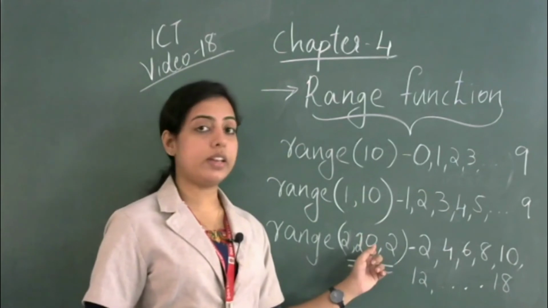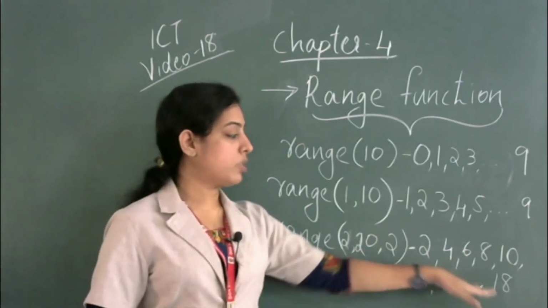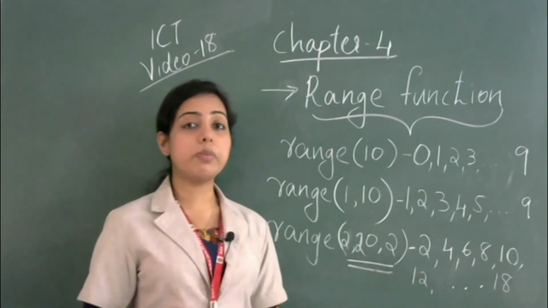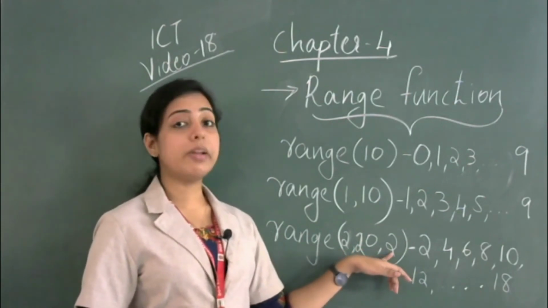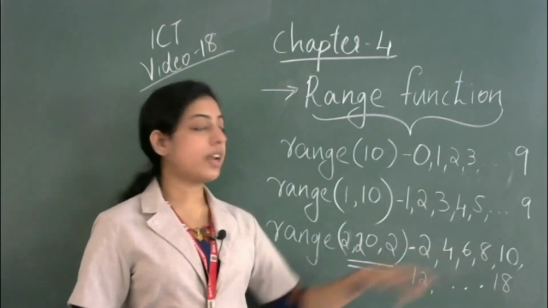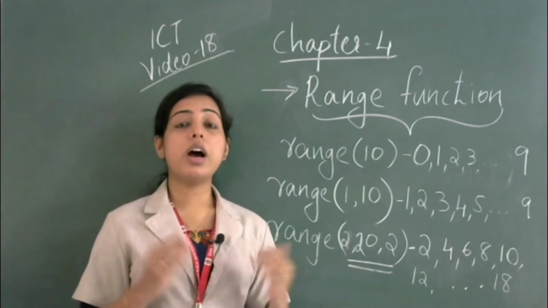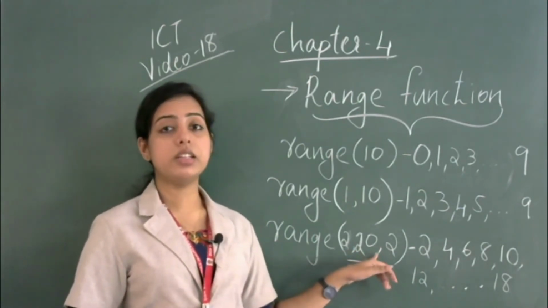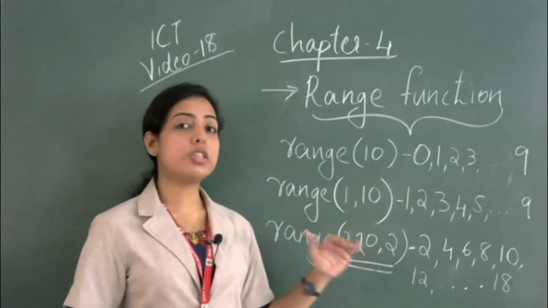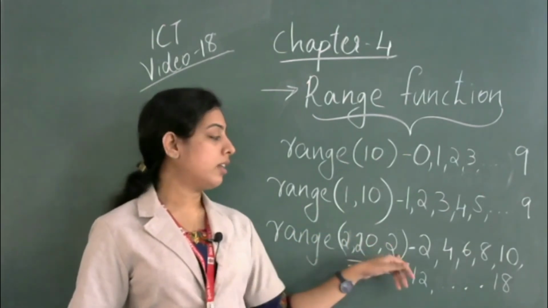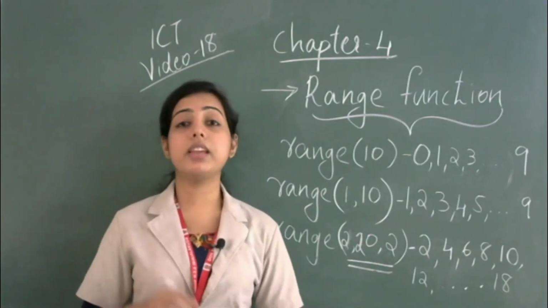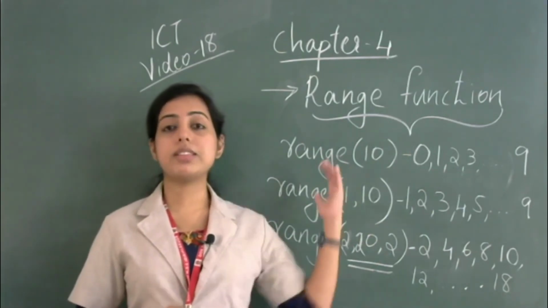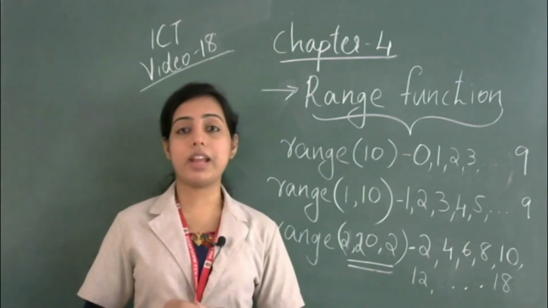So here it is 20, so up to 20 means 18. 19 is not printed because it is incremented by 2. After 18, if it is incremented by 2, our value will be 20, but the condition is less than 20, not equal to. And the third value represents the increment value. Okay, so these are the three different categories of range function.